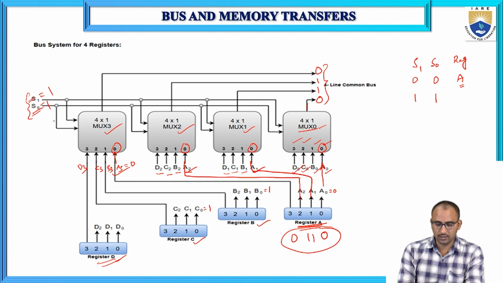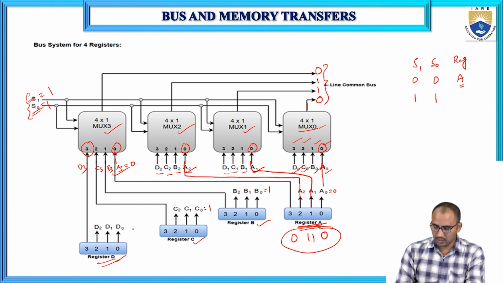Because if both selection lines are equal to 1, I3 of every multiplexer is selected. I3 of every multiplexer will be connected to the output.